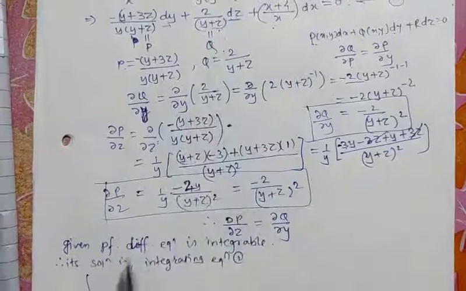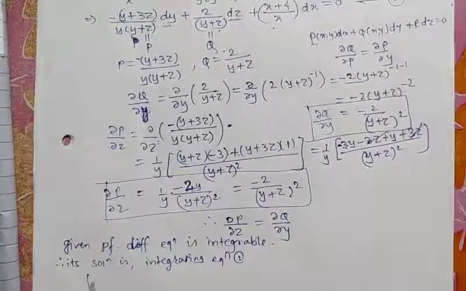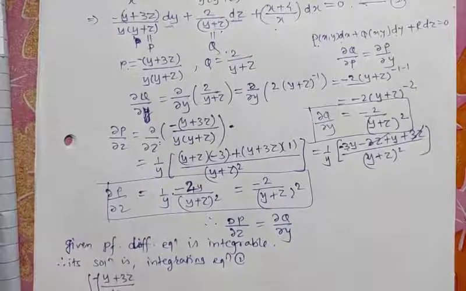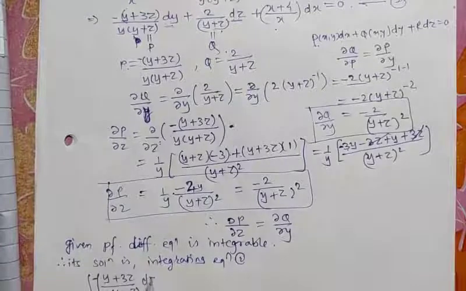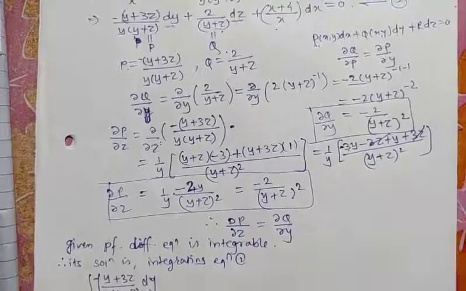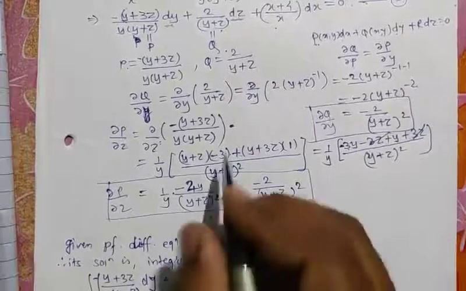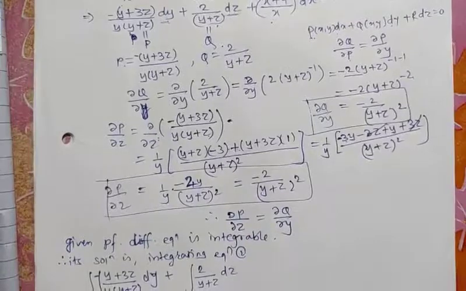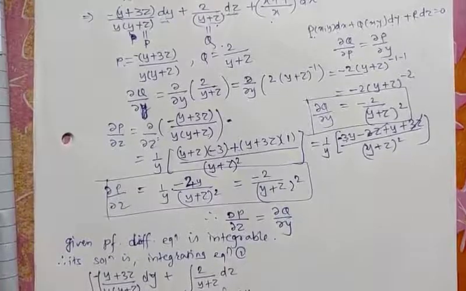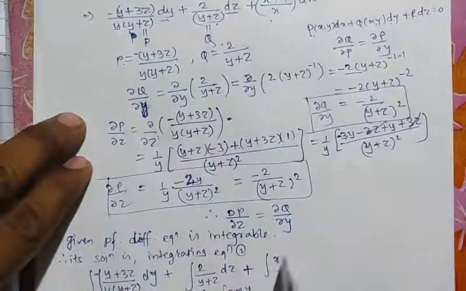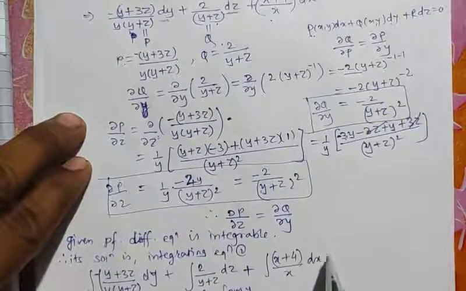First is −(y+3z)/(y(y+z)) dy, where z is constant, plus the second term 2/(y+z) dz, free from y, plus the last integration (x+4)/x dx equal to 0.